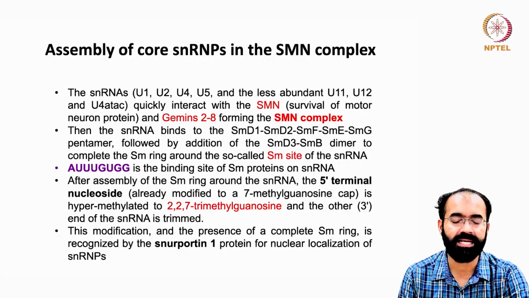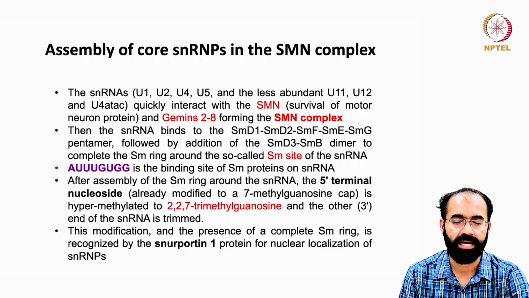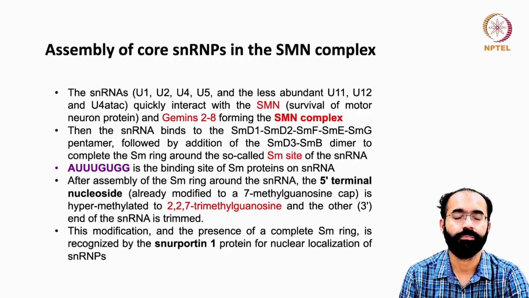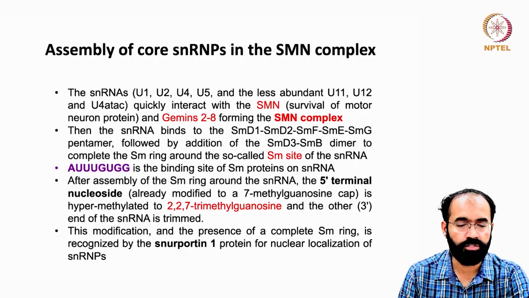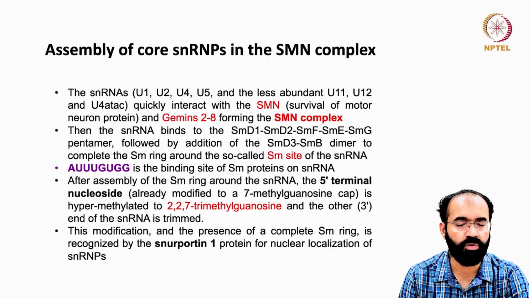They are identical except that U1 is no more there, instead U11 is there, and U2 is replaced by U12, which is used by a small subset of pre-mRNAs for their splicing. Instead of U4, it makes use of U4atac snRNA.